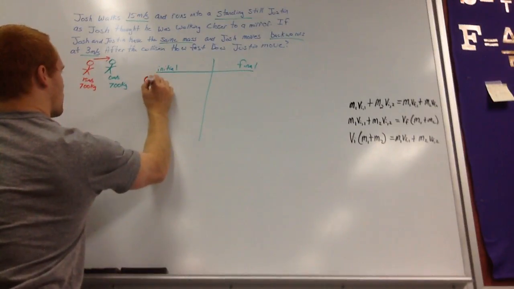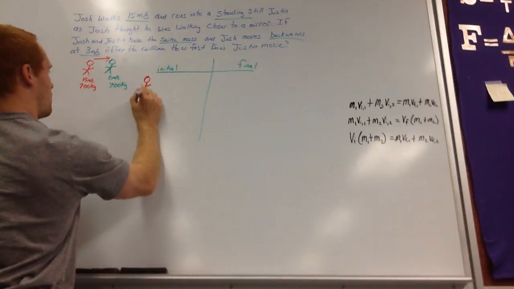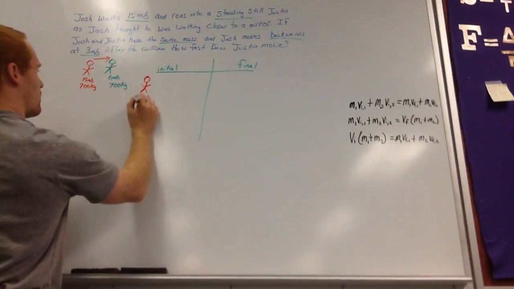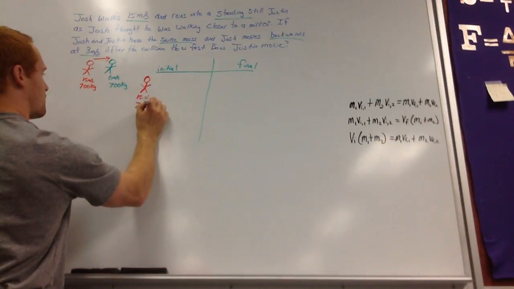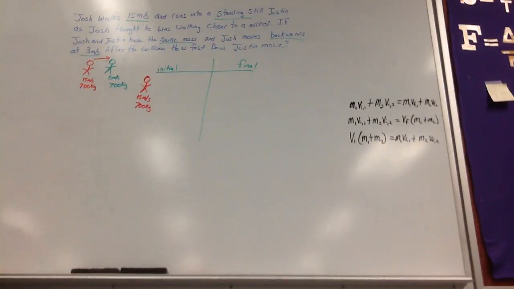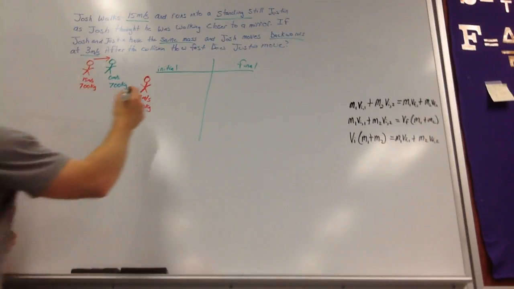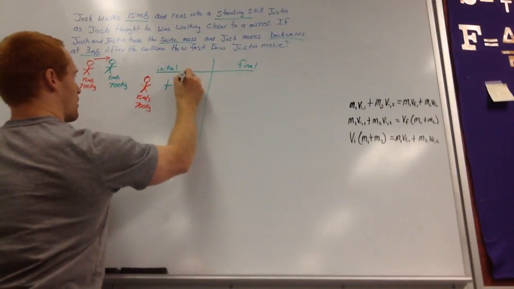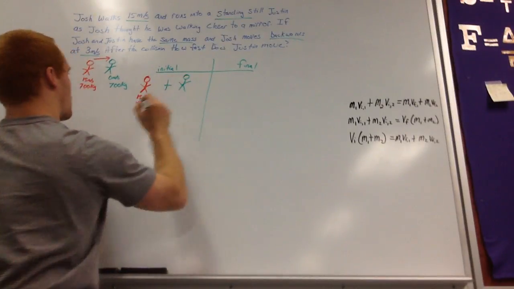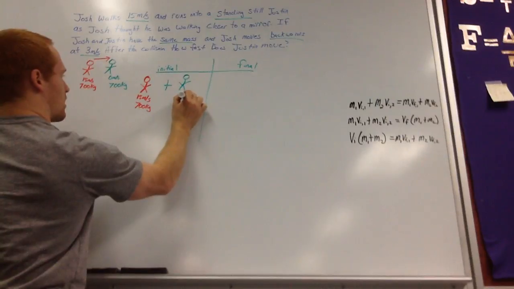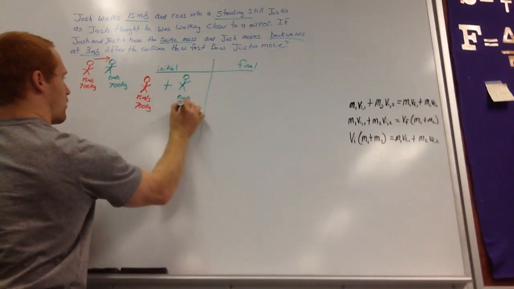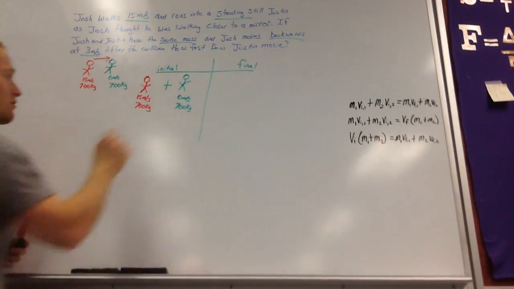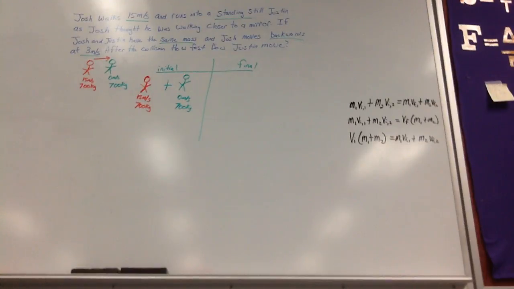So here is Josh, 15 meters per second, 700 kilograms. Notice they have different velocities for the initial, so I need to make sure that we put a plus sign in between. Now we have 0 meters per second for Justin and 700 kilos again. Notice their masses, remember, have to be the exact same.